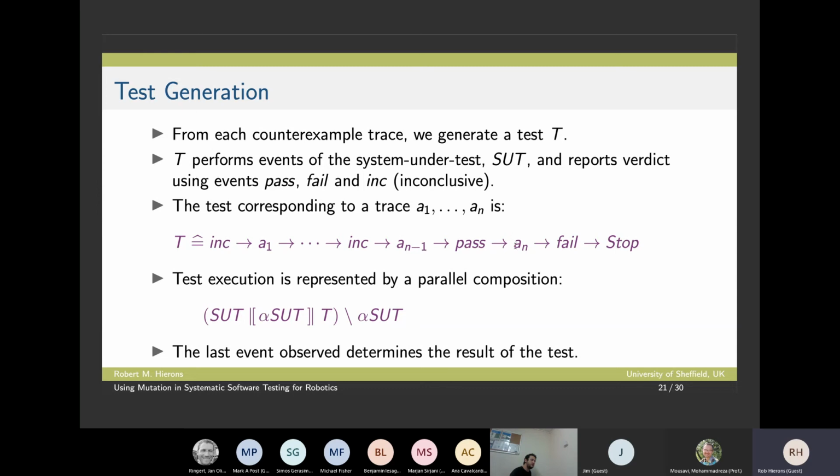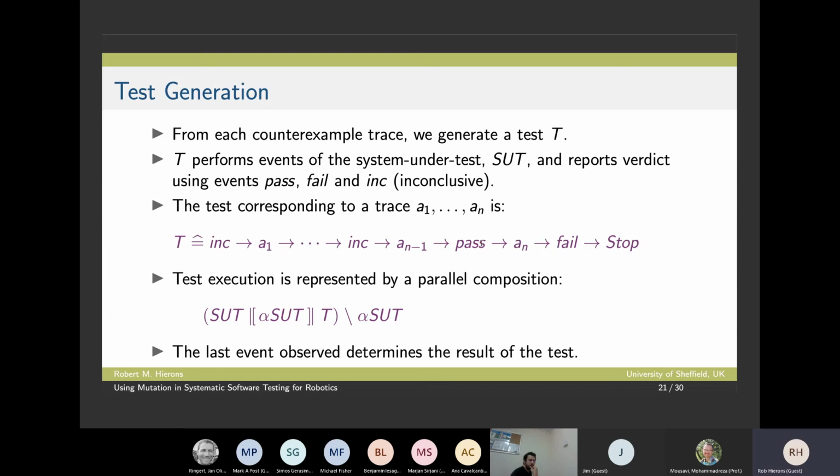And then if we observe the last, it becomes fail. So we say if we observe this prefix, everything but the last, then if we observe the last event, it's a fail. And if we can't observe the last event, it's a pass.